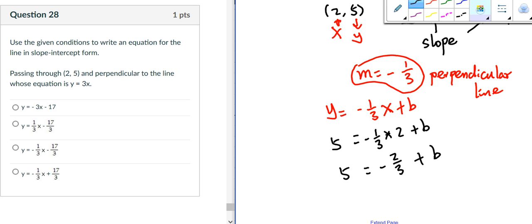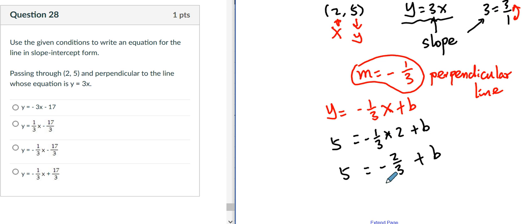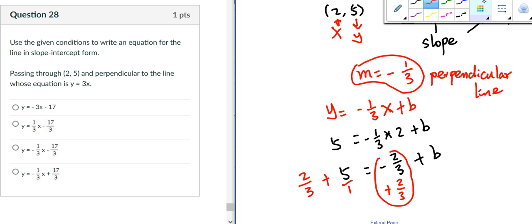Now we want to add 2/3 on both sides, and then it cancels. How do we add those two? There is a 1 down below the 5.